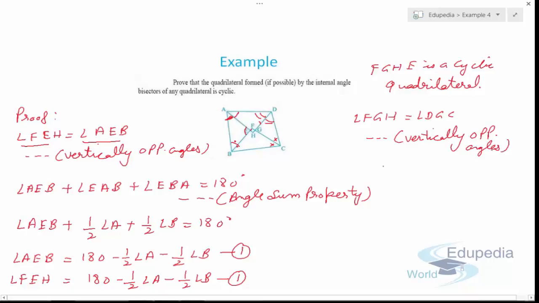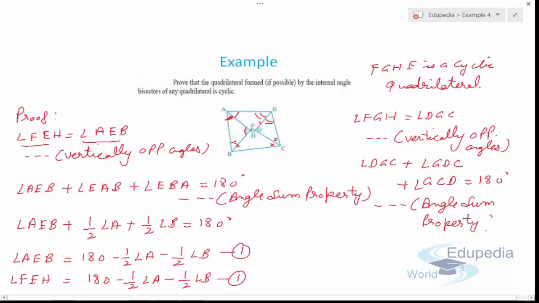So we can say that angle DGC plus angle GDC plus angle GCD equals 180 degrees. Again it's the angle sum property, right?